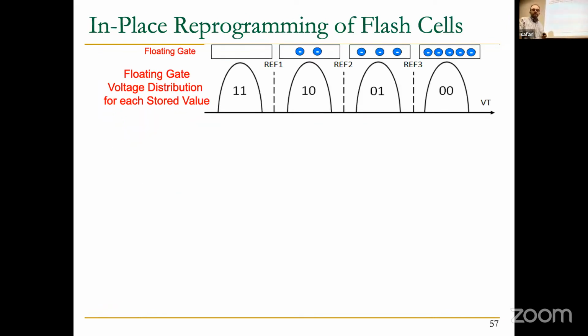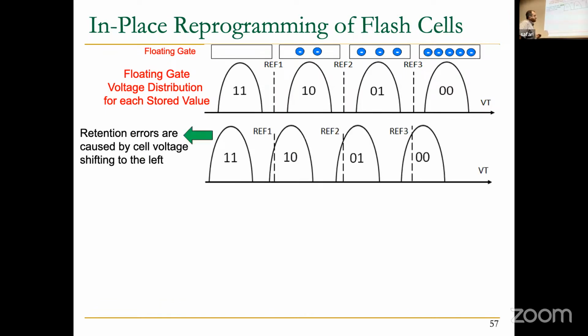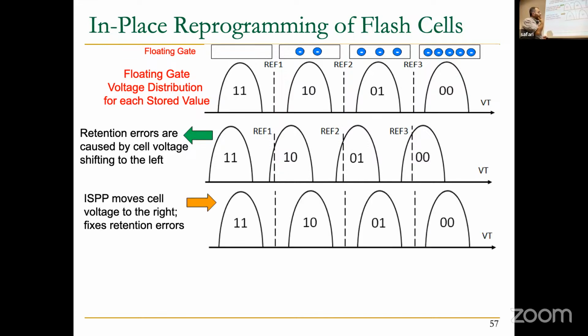So this is the in-place programming of flash cells. As I said, I'm going to cover it very, very quickly. When you have retention errors, basically your threshold voltage distribution will be shifted to the left. And when you want to fix it, you just need to push it to the right, right? Since you just need to increase the threshold voltage, you can actually do it.